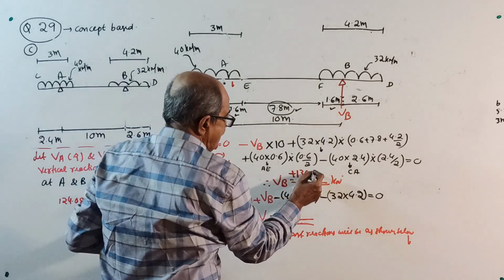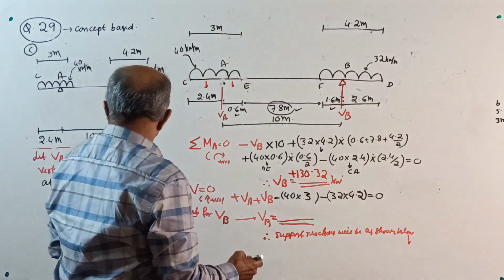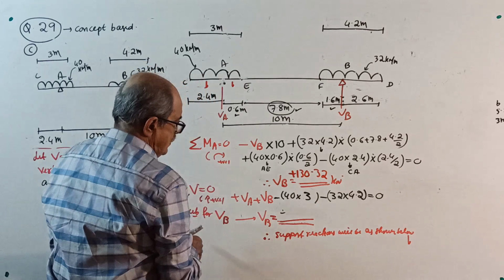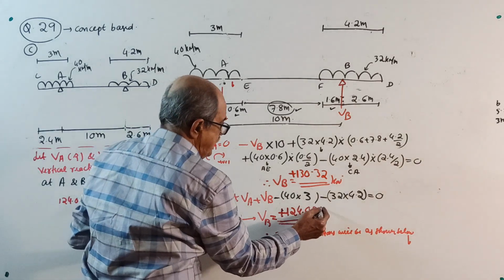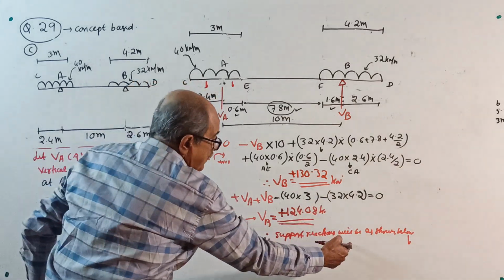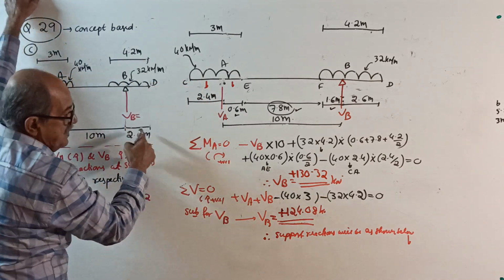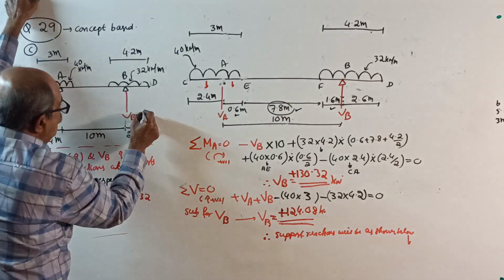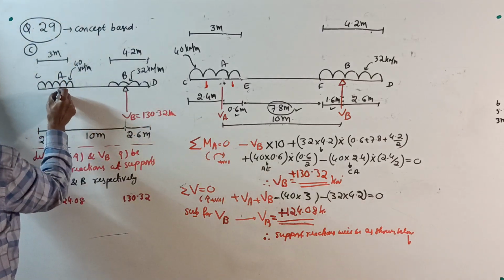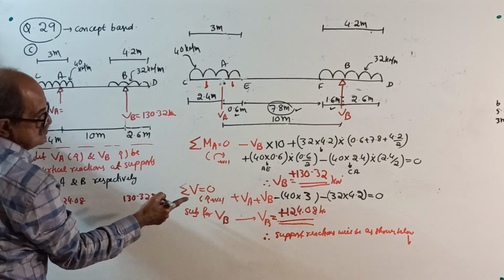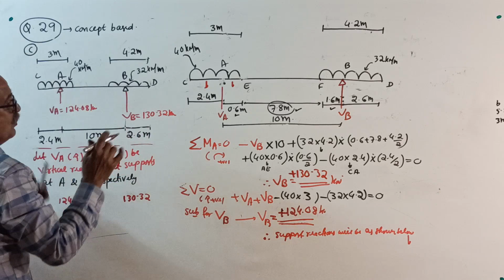I already calculated 32 kilonewton. Sigma V equals 0, I will not explain. VA will come plus 124.08 kilonewton. Therefore, make a note and write the answer here. VB equal to 130.32 kilonewton, and support reaction VA equal to 124.08. Both are upward because positive values came.